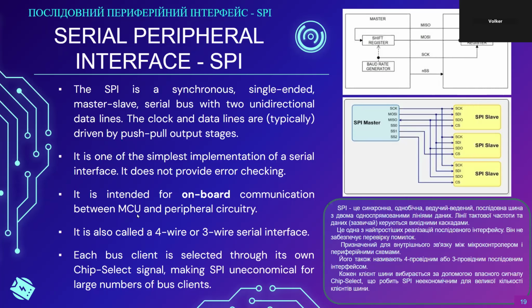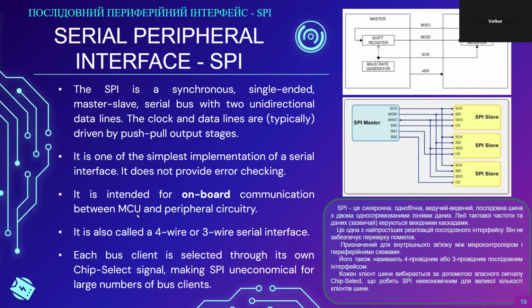It's typically driven by push-pull output stages, which is not an issue here. So for each data line, it creates two dominant states, but that's not an issue because the lines are unidirectional. It just means that these data lines can be very, very fast if necessary, because both zeros and ones are actively driven high and low.